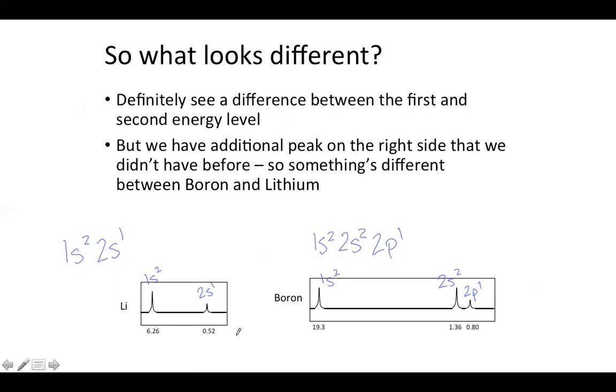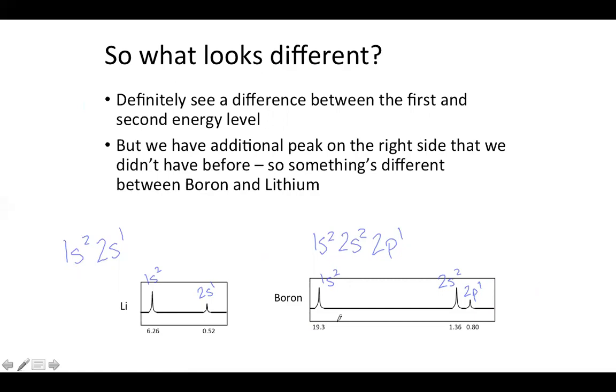Now, some questions you might see would be to compare the peaks associated with their specific sublevels. So what I mean by that is they may ask you to compare the 1s sublevel of lithium to the 1s sublevel of boron.